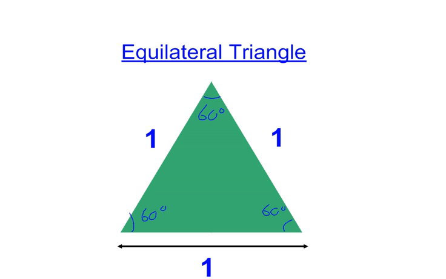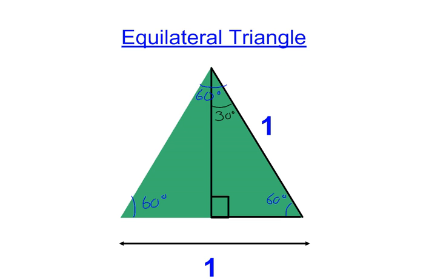So let's start by looking at the equilateral triangle over here. If we take only one half of the triangle, slicing it right in the middle, that creates an angle of 30 degrees at the top.